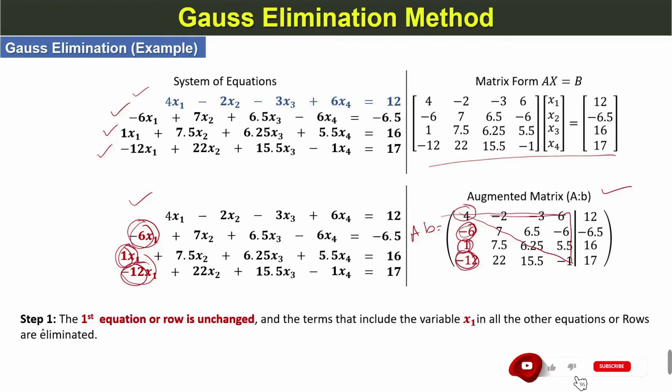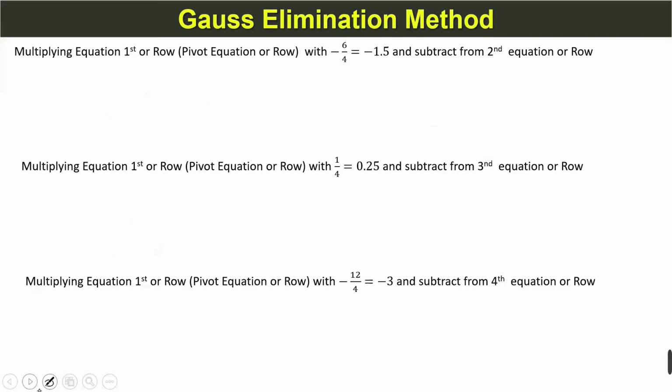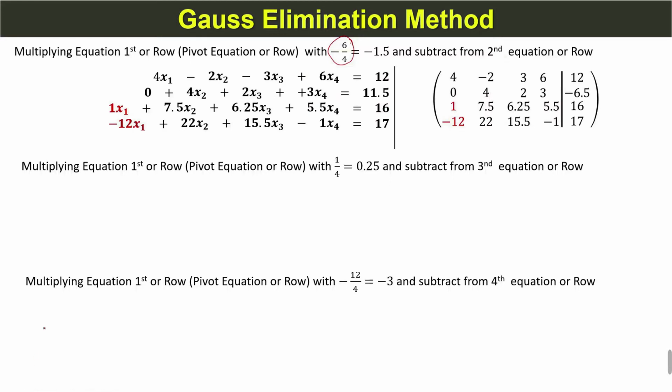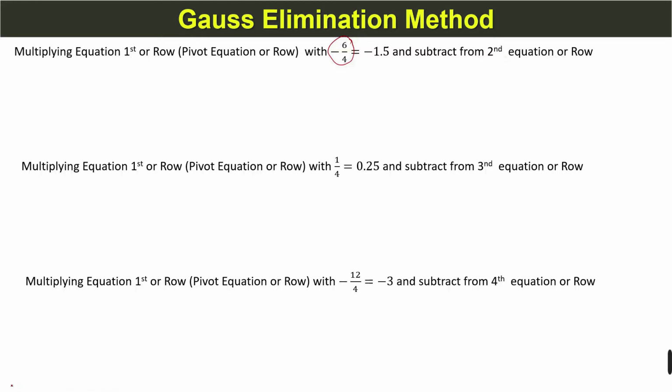So step 1: equation 1 or row 1 is unchanged, and the terms that include the variable x1 in all the other equations or rows are eliminated. We multiply equation 1 or row 1, that is the pivot equation or row, with minus 6 by 4, that is equal to minus 1.5, and then subtract from the second equation or row.